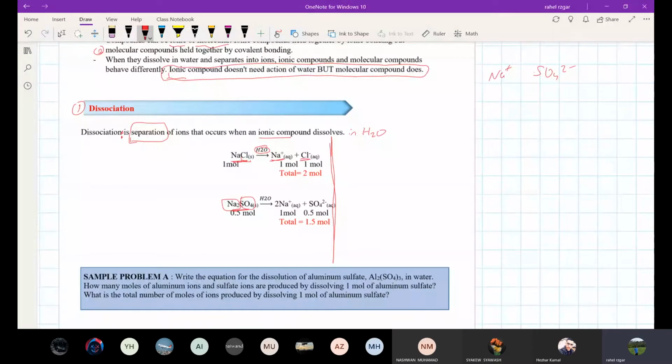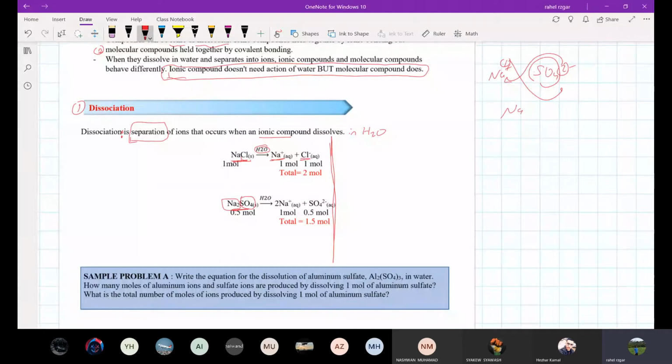The whole SO4, we look at it as one unit. And then when this 2 comes in front of the Na, and this 1 comes in front of the SO4, it becomes Na2. The whole SO4 stays the same. So when you separate it, it goes back to the same thing. It becomes Na and SO4.